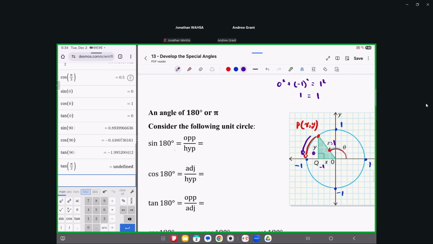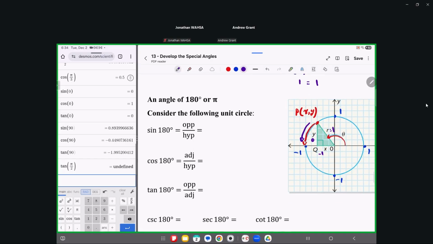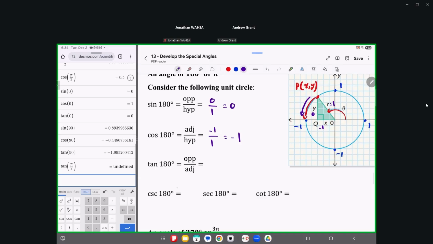Okay, sine of 180 is going to be the opposite over hypotenuse. So the opposite is going to be 0 over the hypotenuse, which is 1. So it'll be 0. Cos of 180 will have adjacent component of -1 over 1, which will equal -1. And tan of 180 will be equal to 0 over -1, which will be equal to 0.